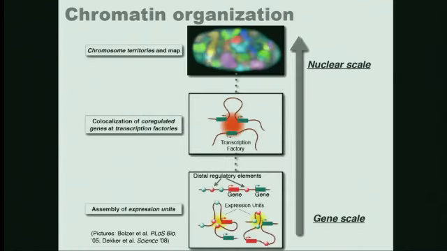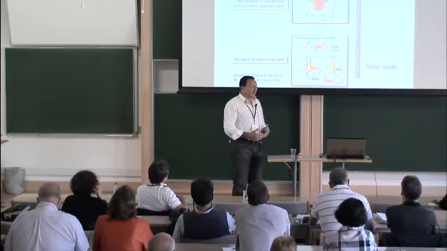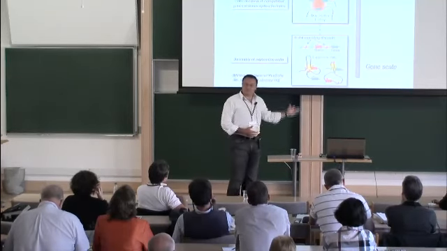A picture of the kind of ideas we have in mind has already been discussed this morning by Rez and by Leonid, and the idea is this: chromatin is organized at many different levels. For instance, at the level of single genes.